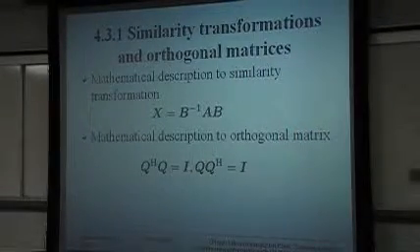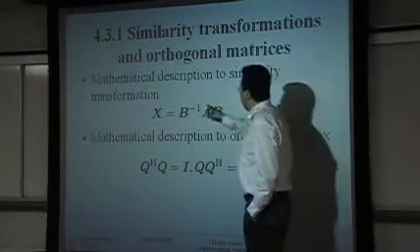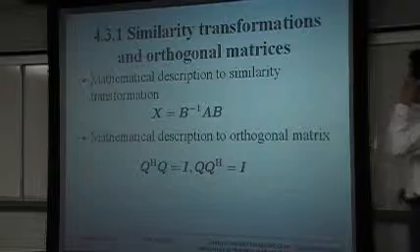So this kind of transformation is called similarity transformation, and B is called the similarity transformation matrix.